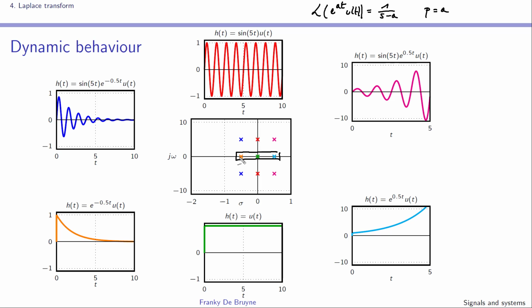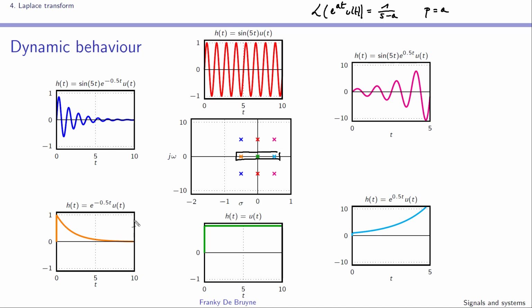and this corresponds to a negative, a zero, and a positive, right? And you can find the corresponding impulse responses over here. So here you have the shape of the response, and here you have the expression, right?